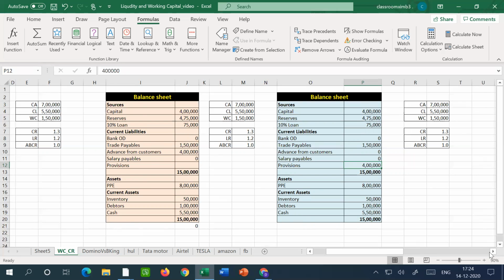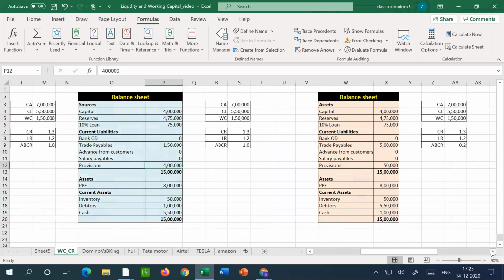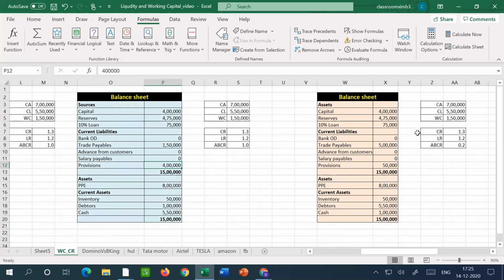Let us see a fourth case. In this case, a significant part of the current liability is trade payable, creditors, and in the current asset, 550,000 is debtors.